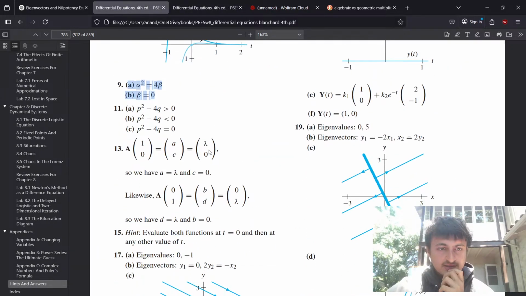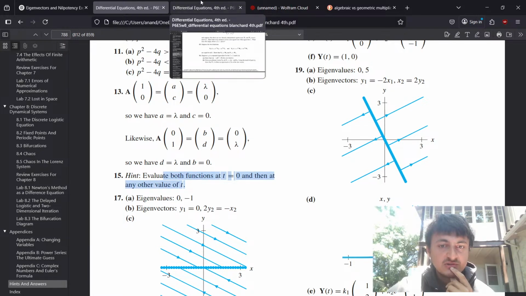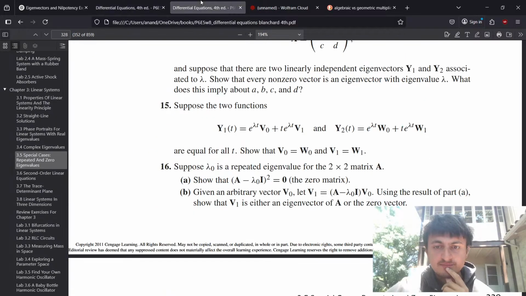Let's look at what their answer is. Okay, evaluate both functions at t equal to 0 and then any other value of t. All right, so t equals 0, this goes to 1, this goes to 0, this goes to 0, so then this.